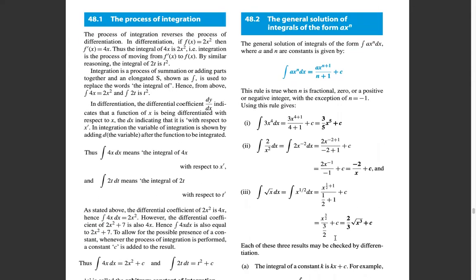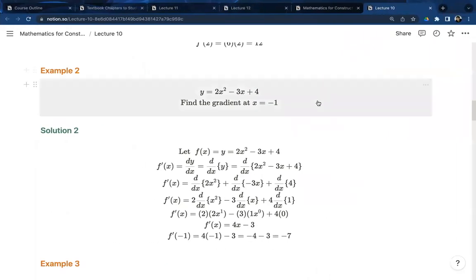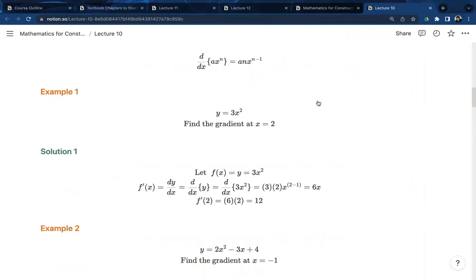So we reverse the rules of differentiation to find integration. And you have these formulas here. This is the polynomial formula. So remember differentiation, we said that, where is it?